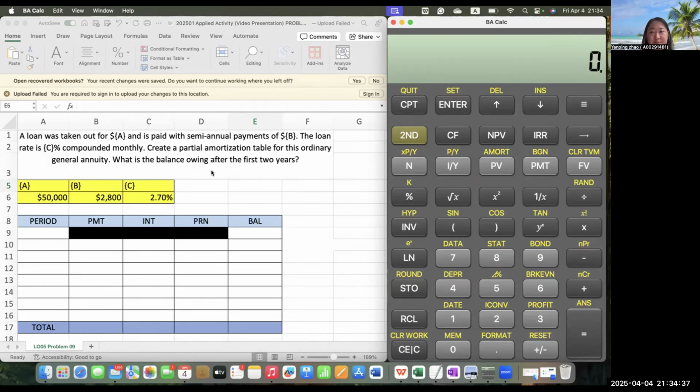We know the loan is 50,000, and we agree to the payment 2800, so we already have the PMT.